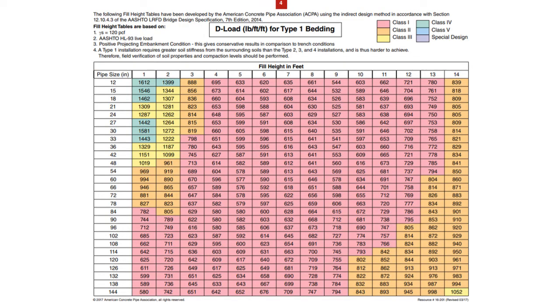So let's take a look at a Type 1 bedding. Again, this table is based on the soils being 120 PCF, AASHTO HL93 live load, and embankment conditions. Since we are using a higher soil stiffness under a Type 1 bedding in the haunch and outer bedding of our design, we're producing more of the structure in the soils versus from the pipe.